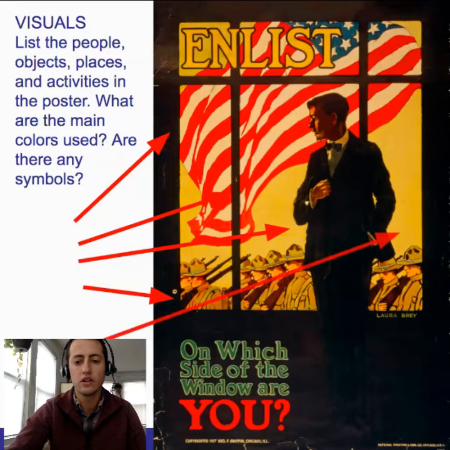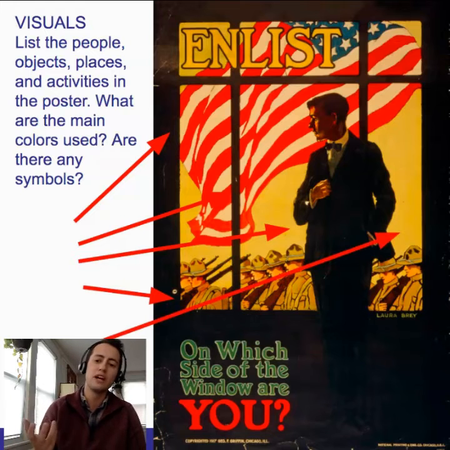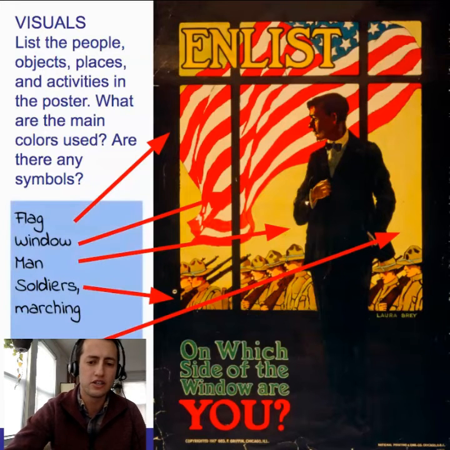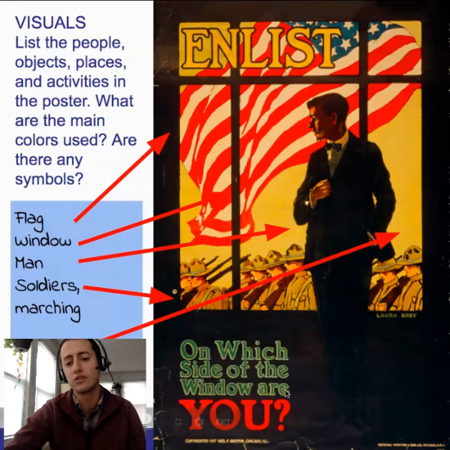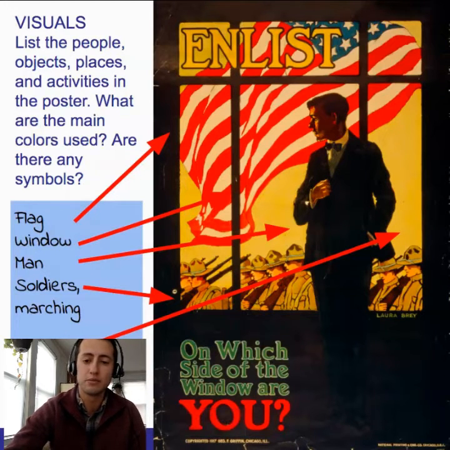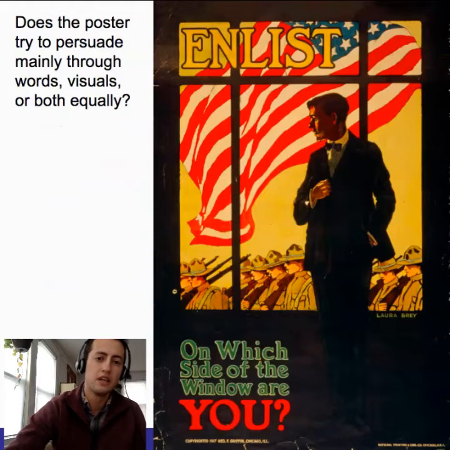And yellow and black are the big colors. We see yellow, black, and red in this poster. So you're going to record that in your organizer, and you'll notice I wrote that the soldiers are marching. It's important to differentiate because if they were just standing still, it'd be a different idea.